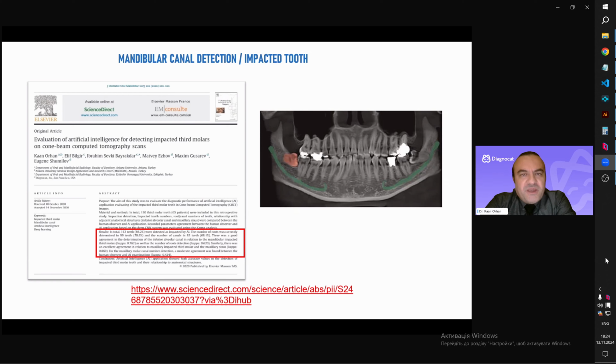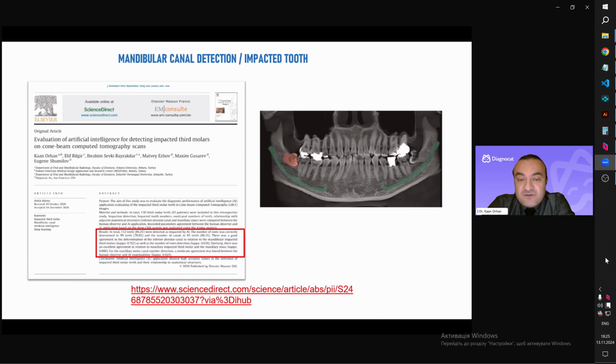We did a couple of papers, a couple of studies using DiagnoCat, where we actually performed detection and segmentation of the mandibular canal, and also segmentation of the maxillary sinus.